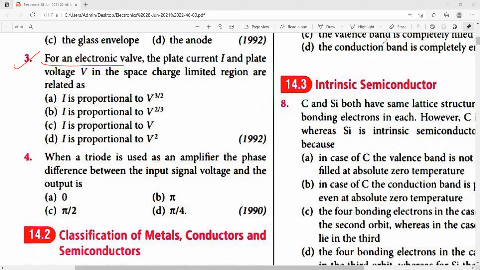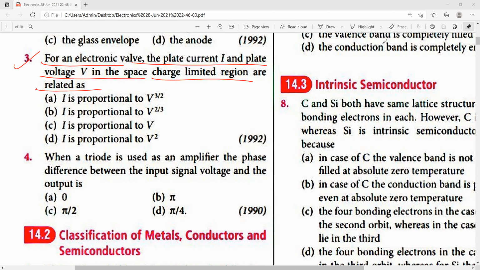Third one, for an electronic valve, the plate current I and plate voltage V in the space charge limited region are related as: I is proportional to V to the power of 3 by 2. Second one, I is proportional to V to the power of 2 by 3. Third one, I is proportional to V. Fourth one, I is proportional to V square.